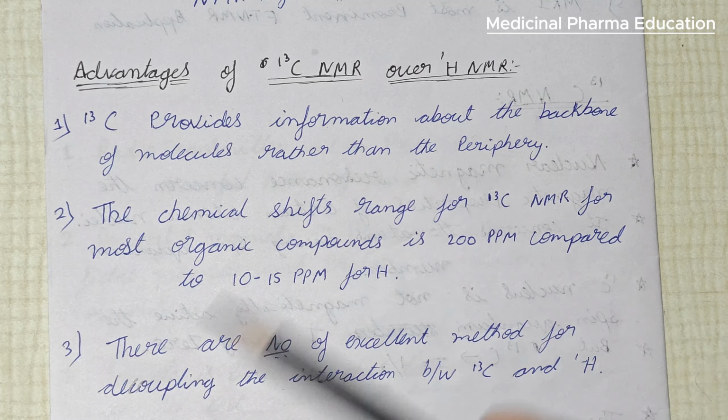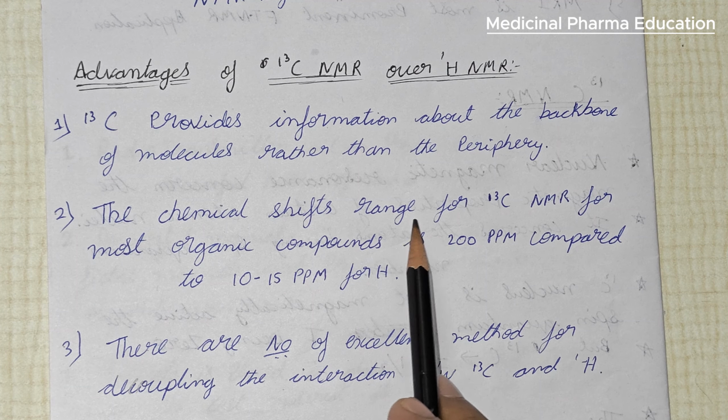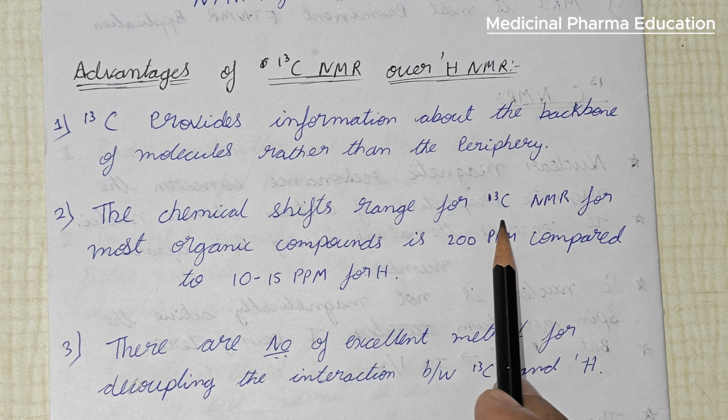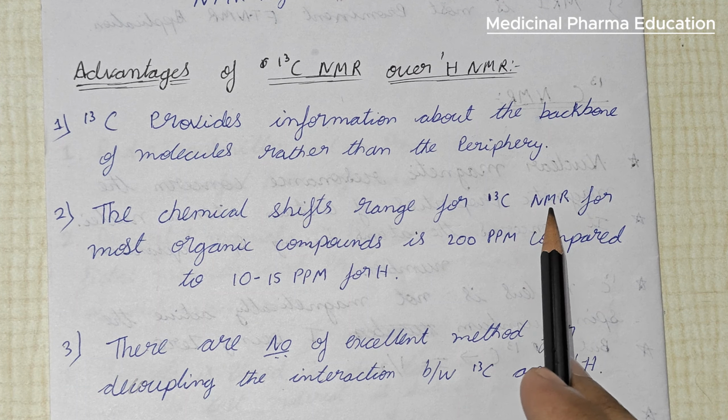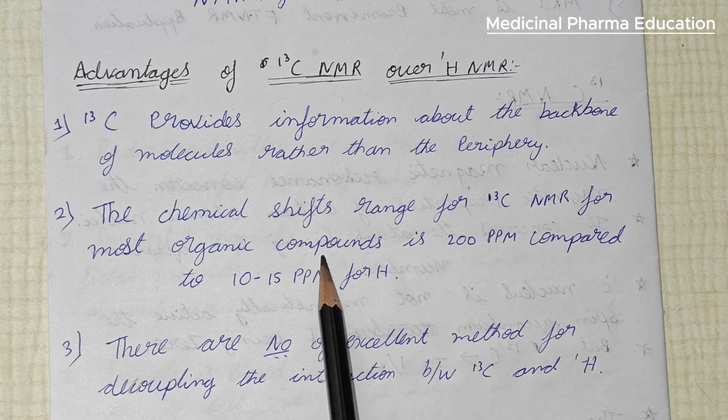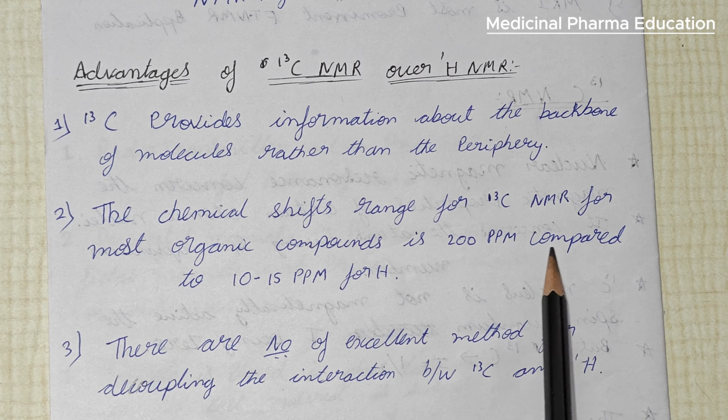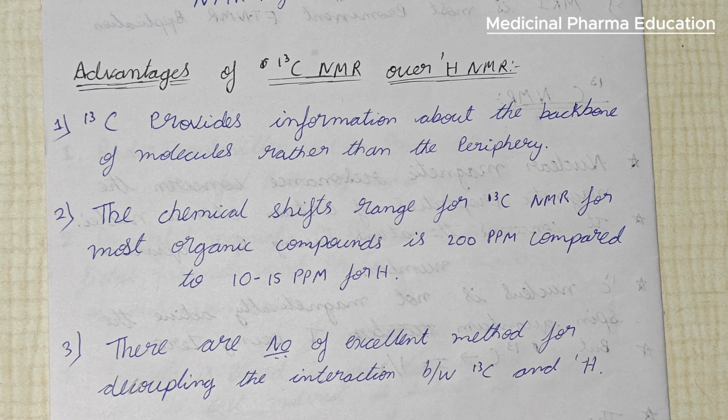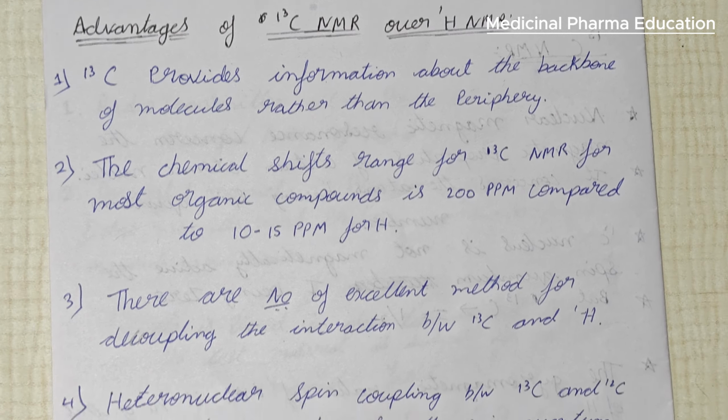That's the meaning of this line. The chemical shift range for 13C NMR for most organic compounds is 200 parts per million compared to 10 to 15 parts per million for hydrogen.